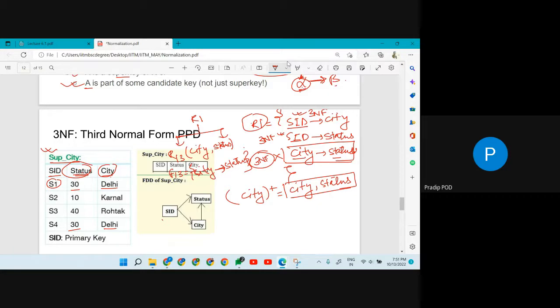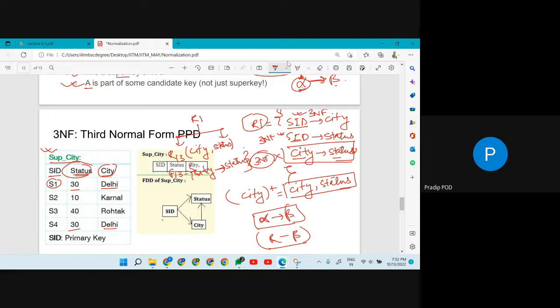Now, for writing the second table, the formula is: suppose alpha to beta violates the third normal form condition. You have to find the closure set of this one and create the table. Then the other table contains all the remaining information, that is R minus beta.